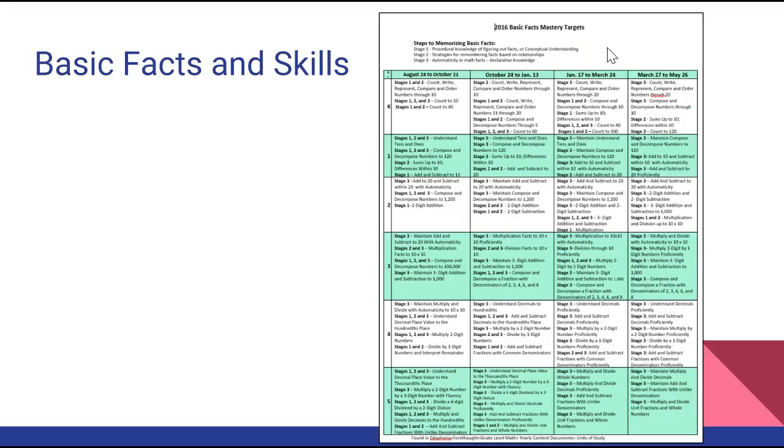The kids are learning the procedural knowledge of this particular item, as well as the conceptual understanding of it. Stage 2, they have strategies for remembering how to do this, and stage 3 is when they can do it with automaticity. So you can see by January the 13th, this is what the focus is going to be. For October 21st, the very first column is our focus.